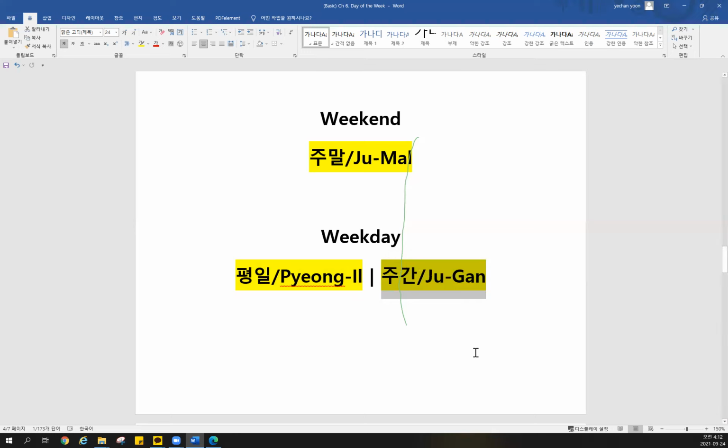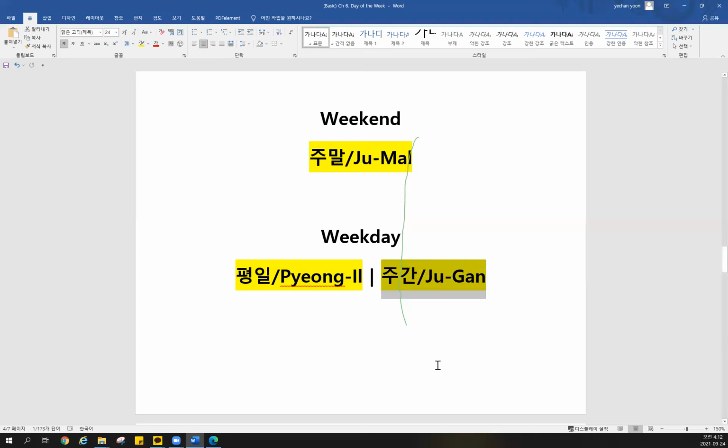So let's say you want to make a poster to recruit employees for your company, and you want to hire employees for the weekdays, then you can write 주간. Okay, you can also write 평일, but 주간 looks a bit more professional.